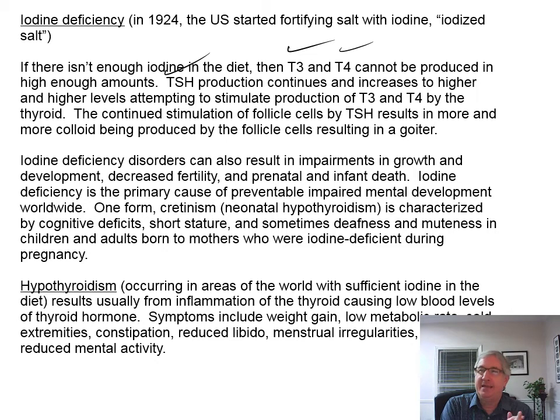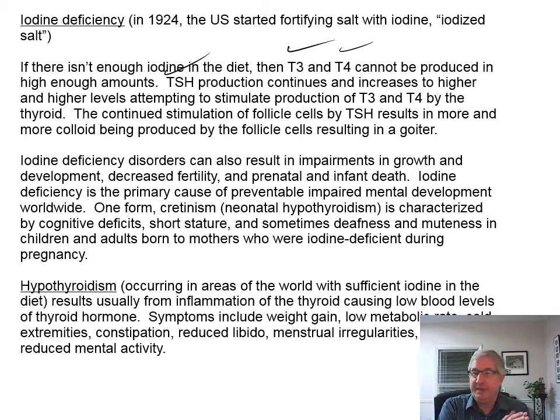That's not as big a deal as other more severe iodine deficiency disorders, because you can result in impairments in growth and development. You have decreased fertility, even prenatal and infant death. It's also the primary cause of preventable impairments in mental development worldwide.